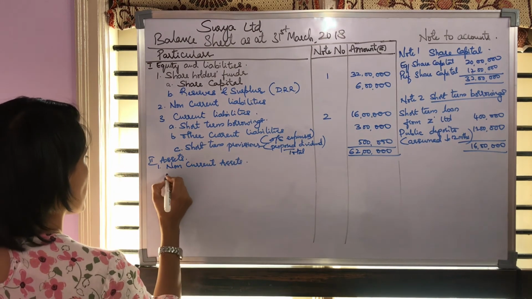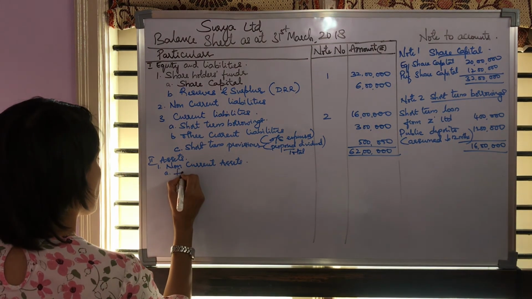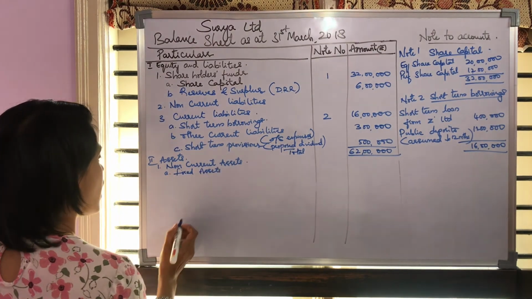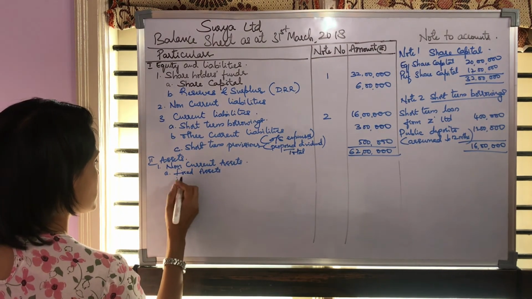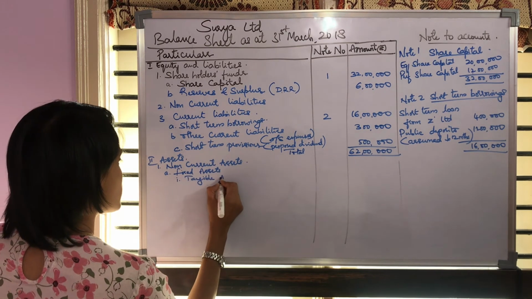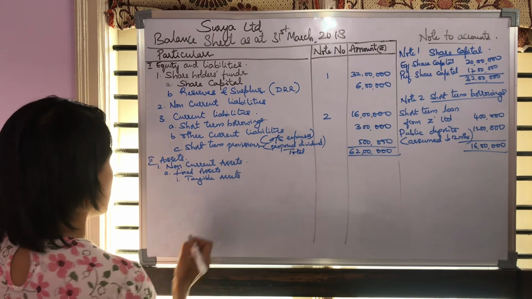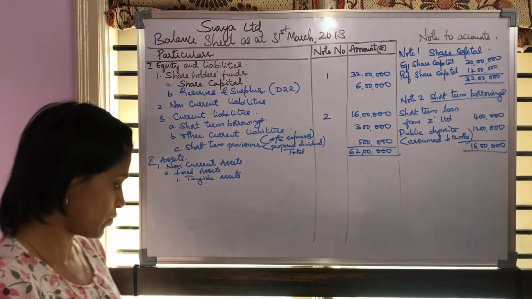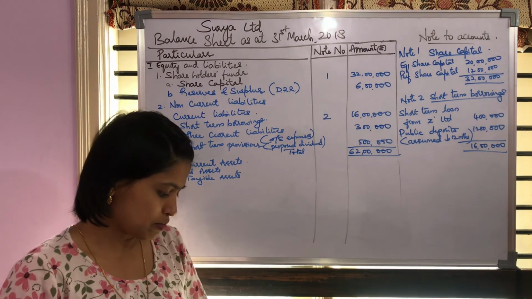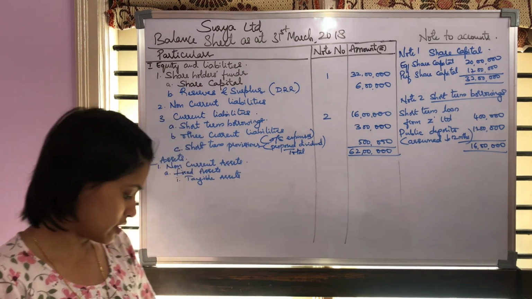Under this, the first item being fixed assets. Under this, we have the first category, tangible assets. For tangible assets, we have two tangible assets given on the question. One being plant and machinery and two land and building.